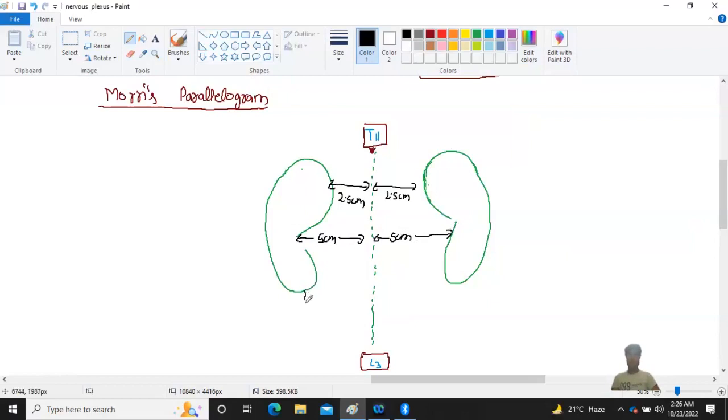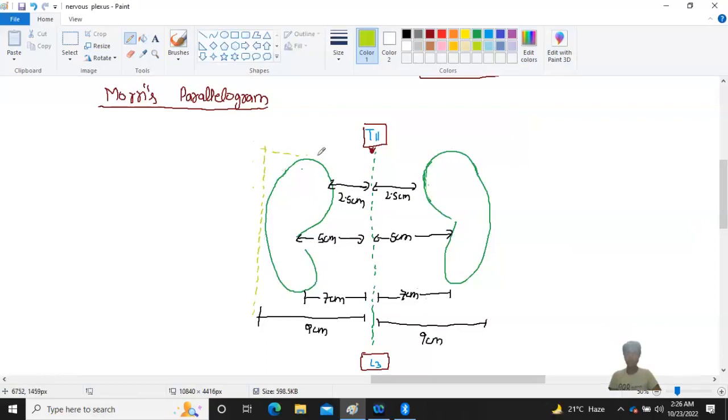Then the lower pole is around 7 centimeters, and then the whole kidney is 9 centimeters. So a parallelogram-like structure forms here. This is called Morris's parallelogram.